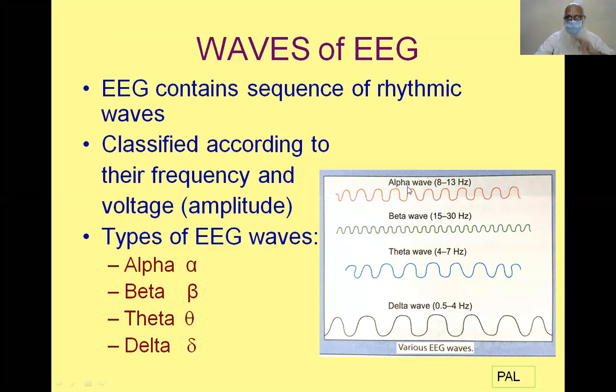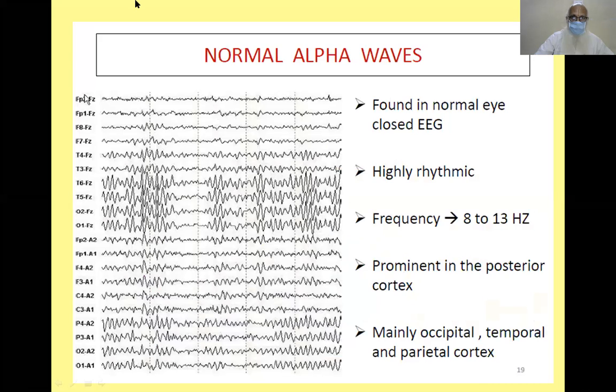There are two things: the amplitude, and then the frequency. So now, you can see the normal alpha waves, which are usually found in the normal eyes closed position. They are very highly rhythmic.